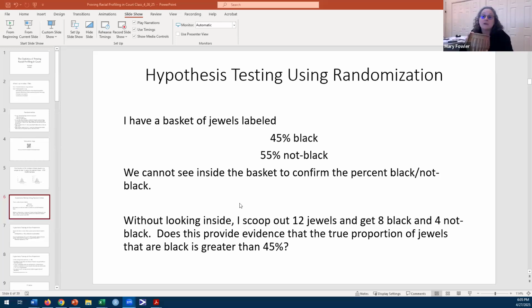What I did right before I made the video was go inside the basket and take out a handful of jewels, 12 jewels. In this scoop of 12 jewels, there were 8 black and 4 non-black jewels. So does this provide evidence that the true proportion of black jewels in the basket is greater than 45%? That's our question.